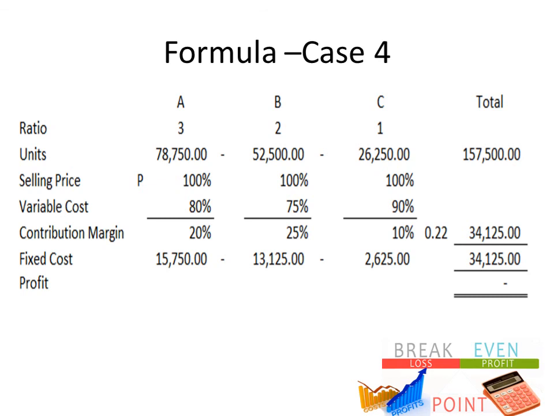Next, we would also have how much for A. The total sales would now be 78,750. For B, it's 52,500. And for C, it's 26,250. Okay? So the fixed cost, we just have to multiply it by the contribution margin. Since this is a break-even, the contribution margin and fixed cost should always be equal.